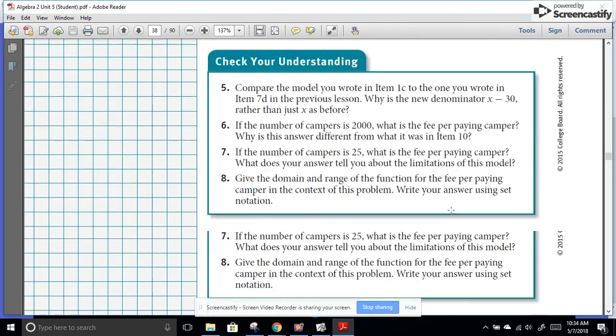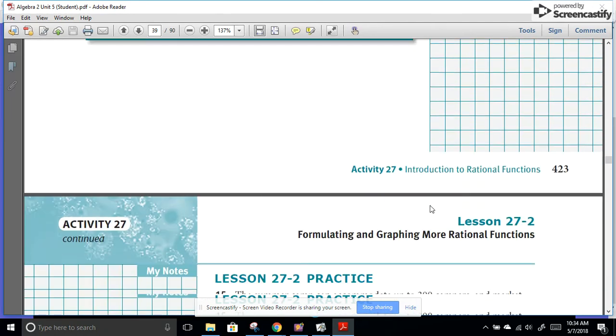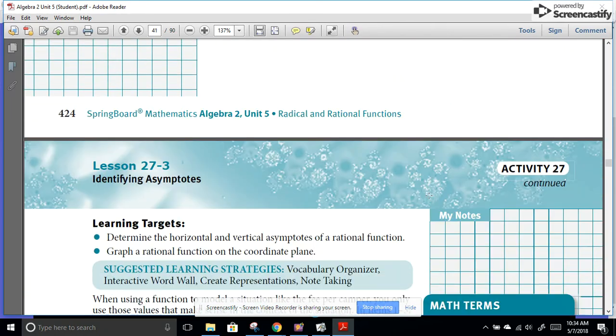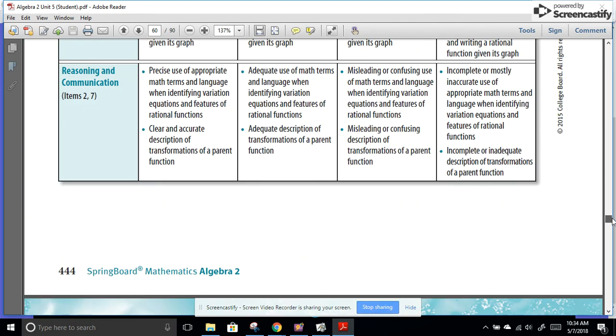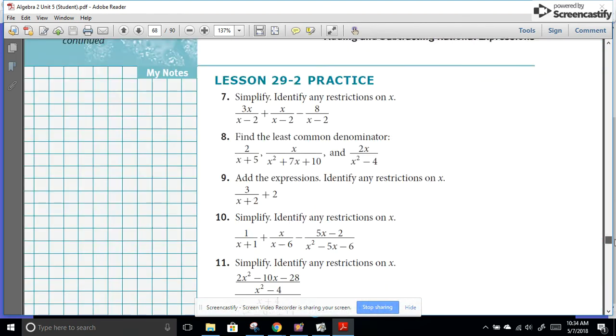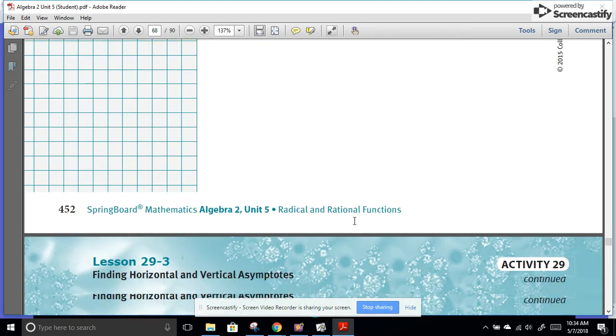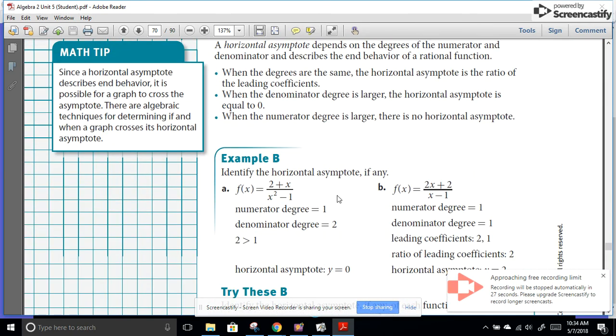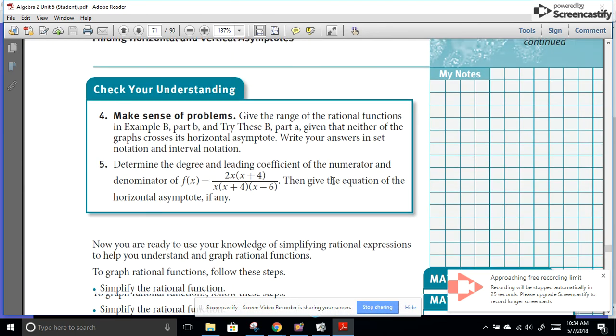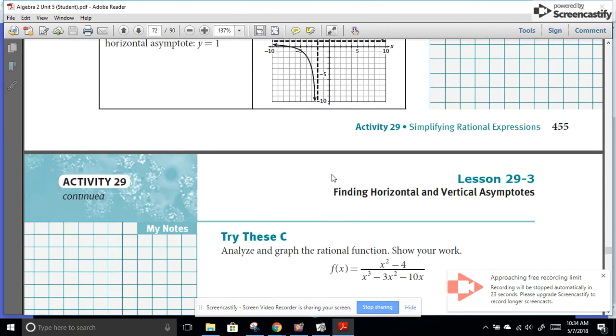I will strongly suggest for your homework, which is on page 59, that you go back to an example.